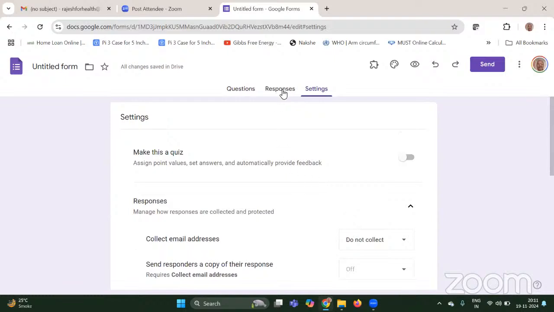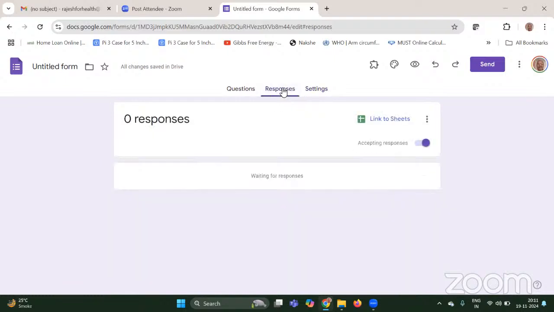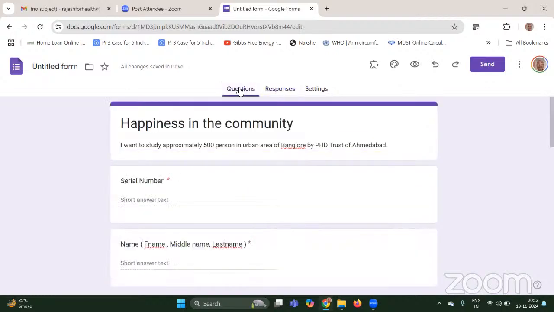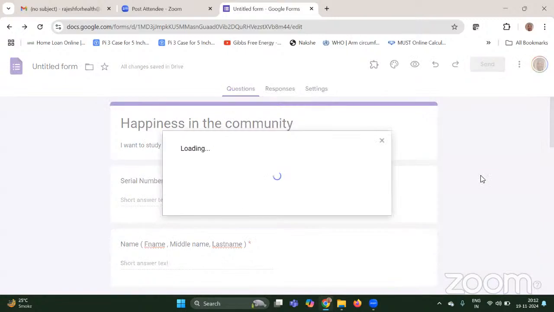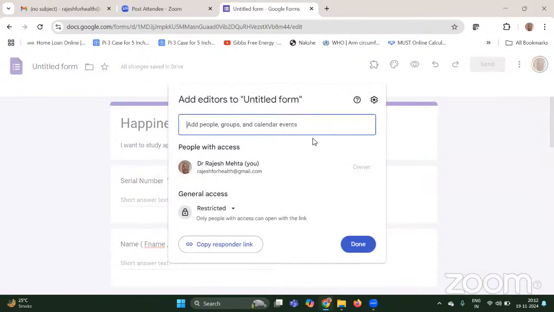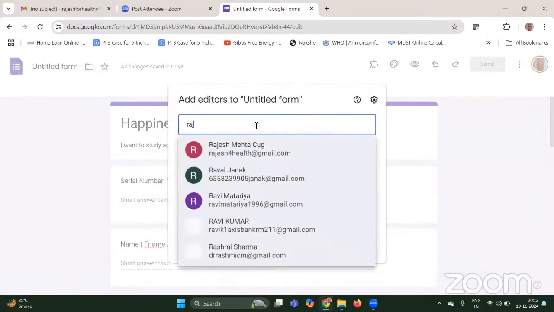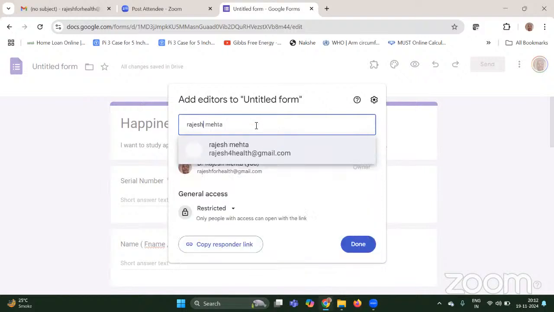And now the responses, if somebody fills, you will get responses over here. And if you want to collaborate with someone, then you press it over here, add collaborators. So for example, I want to collaborate with someone else, Rajesh for health at gmail.com.